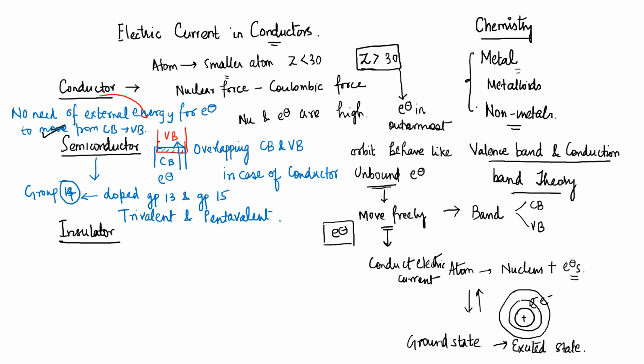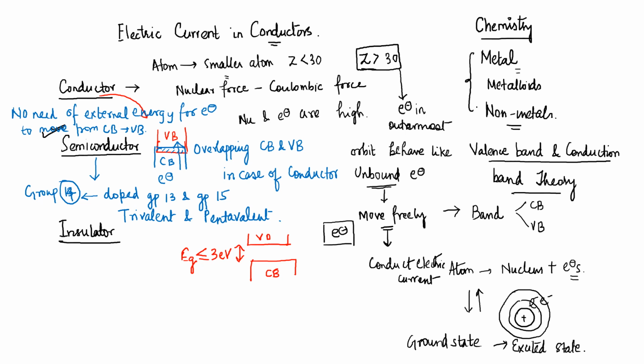In this case, if this is the valence band and this is the conduction band, the energy gap between these two is equal to or smaller than 3 electron volt. Eg is the energy gap, which is equal to or smaller than 3 electron volt.